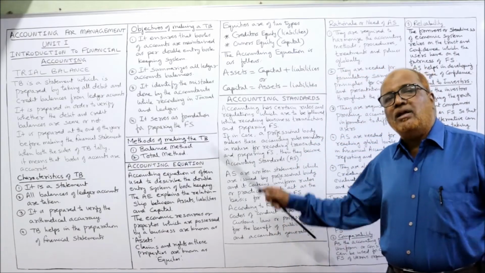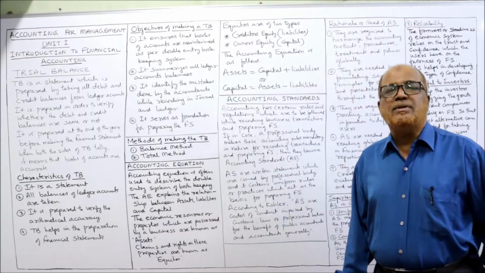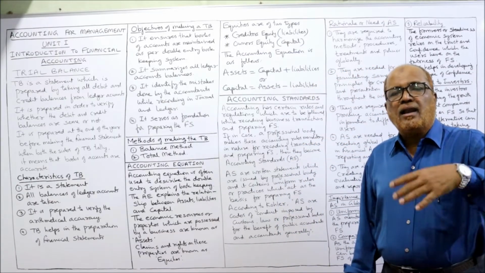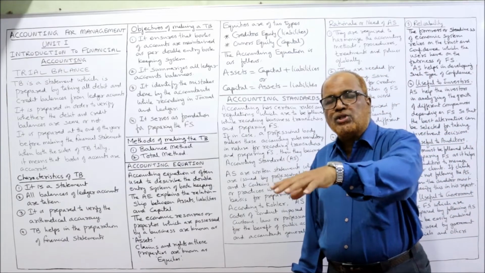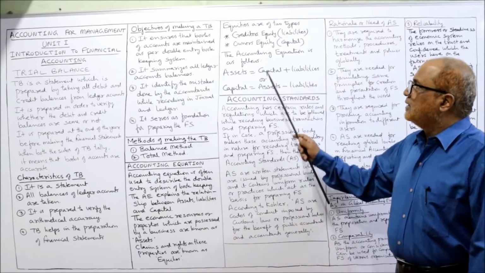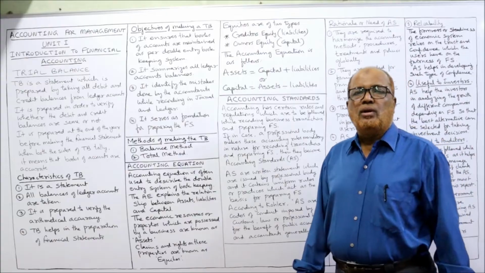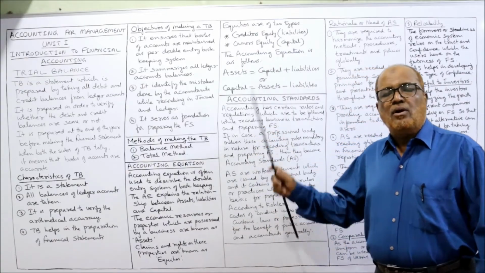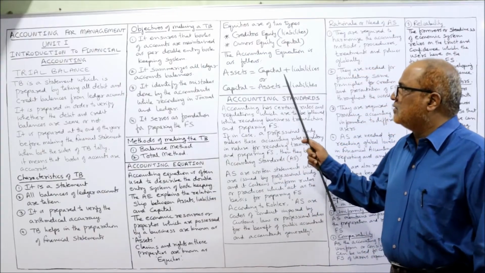The creditors equity is called liability and the owner's equity is called the capital. That means the claims against the assets are by the outsiders, liabilities, and also by the owners, capital. Now the accounting equation can be written as assets is equal to liabilities plus capital, or we can say capital is equal to assets minus liabilities.